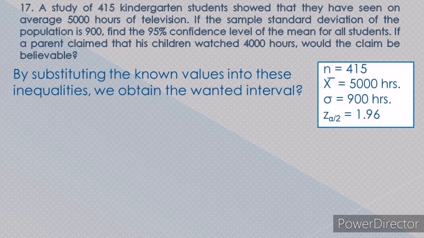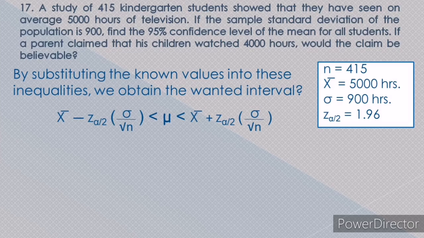So here's our given. n is equal to 415, sample mean is equal to 5,000 hours, standard deviation is equal to 900 hours, and z sub alpha over 2 is equal to 1.96. We just have to substitute those given into the formula wherein the mean is in between the sample mean minus z sub alpha over 2 multiplied by sigma over square root of n, and the sample mean plus z sub alpha over 2 multiplied by sigma over square root of n.